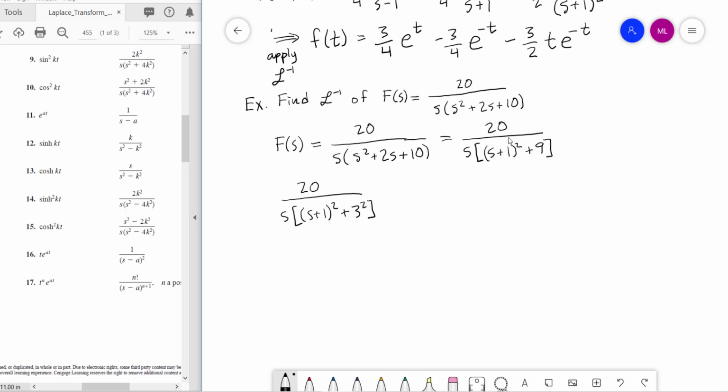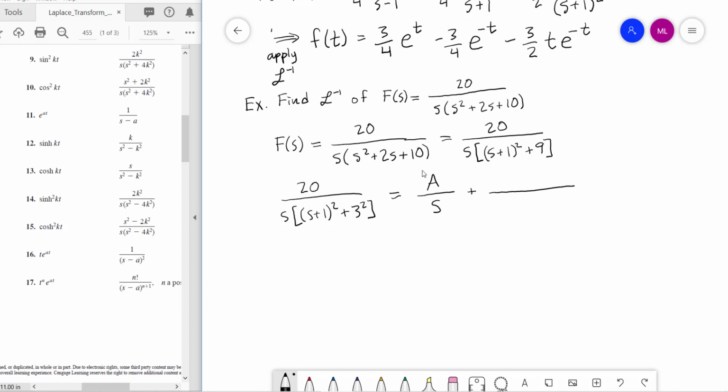I'm going to rewrite this function as a couple of separate pieces. First, we have a linear piece that's just going to be A over s, because this is a linear factor of multiplicity 1. And then I have this quadratic term that also is only of multiplicity 1, at least I don't have a squared out here or something like that. But it's going to require us to do a little bit of extra work.